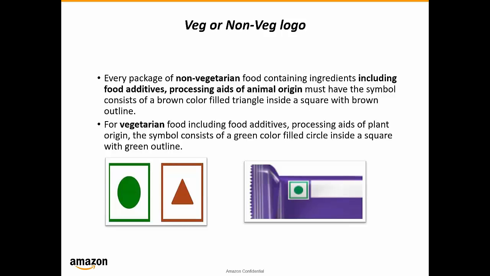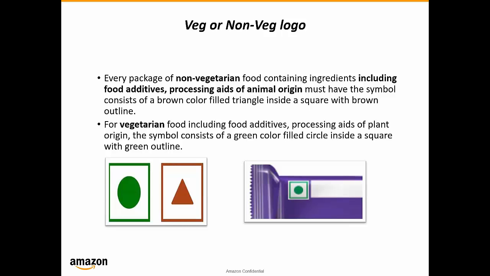However, if we see that the stabilizer or the additives we are using have an origin of animal, then we should put a non-veg logo. Okay, let me talk about the vegetarian, then I'll share the logo history as well. For vegetarian food, wherein the origin is plant-based, it should have a green logo, which is a green circle surrounded by a square. Even the dimension, how it should be, is written in legal metrology, and that's mentioned here as well.